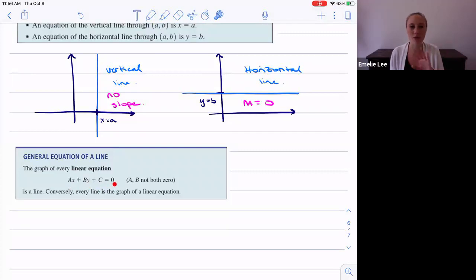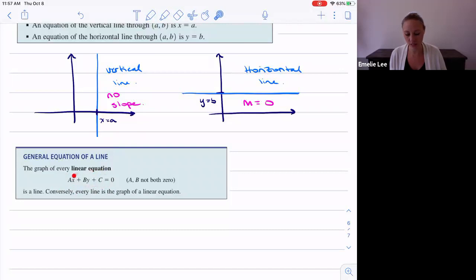And if you're able to move everything to the side and set it equal to 0, then you have a straight line, right? And so here, this is a linear equation, right? So if you've got an x and a y and that's it, and some sort of constant is allowed as well, and you're able to set it equal to 0, this is a straight line.